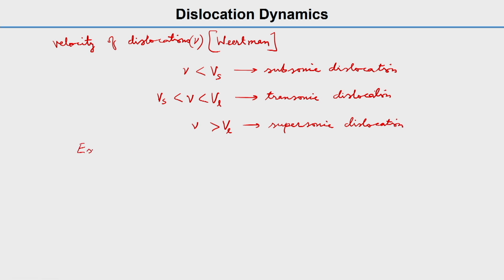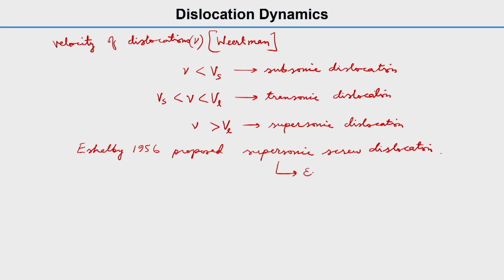So the famous researcher SLV in 1956 proposed that supersonic screw dislocations are available. These supersonic dislocations are known as SLV dislocations.